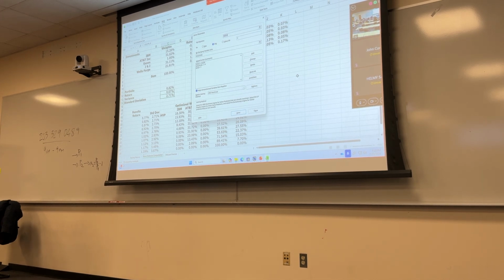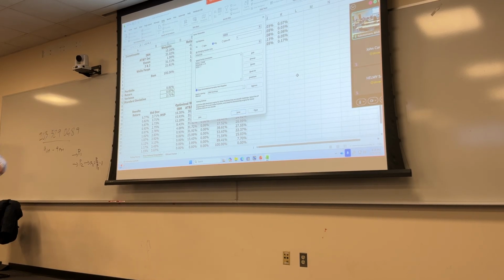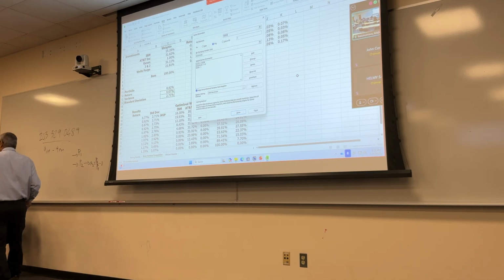So we want the safest portfolio, period, regardless of return. Is that clear to everyone? That's how we're going to find the MVP. So here's what you're going to do. First, make sure you have Solver in front of you. Let's do this together.